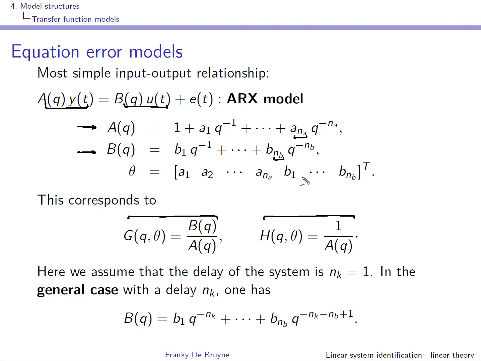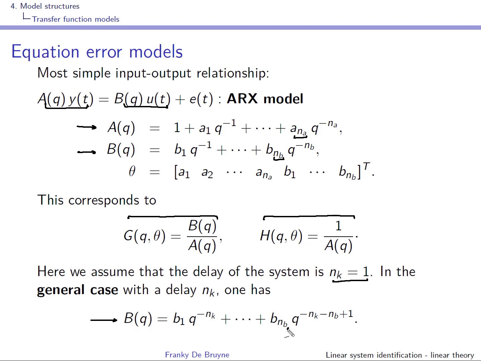So what you see here is the ARX model when nk is equal to 1, and nk here really is the delay in the system. In general, we'll have a delay that will be different from 1, and we'll use a B polynomial that will look like this, right?